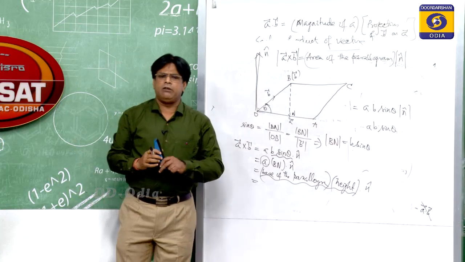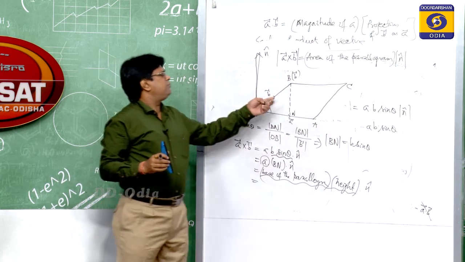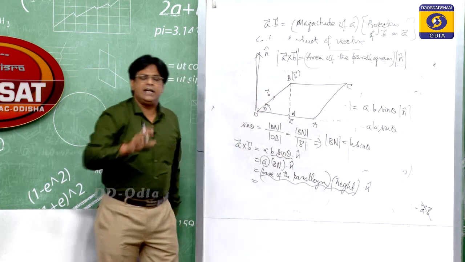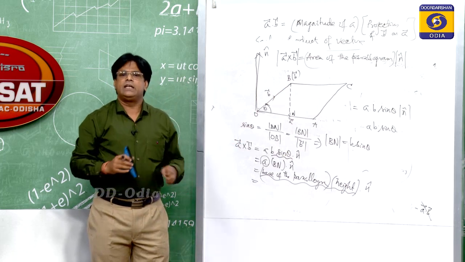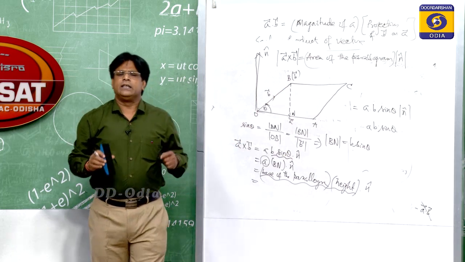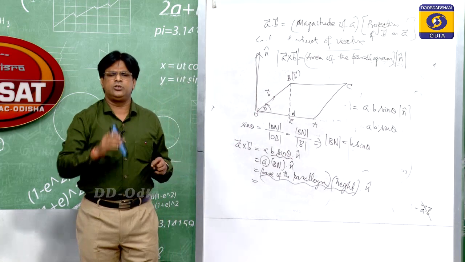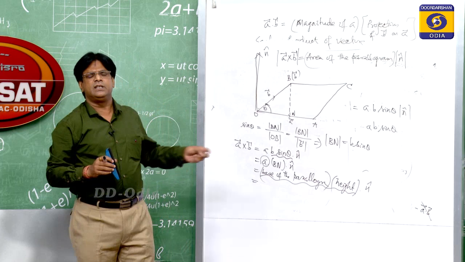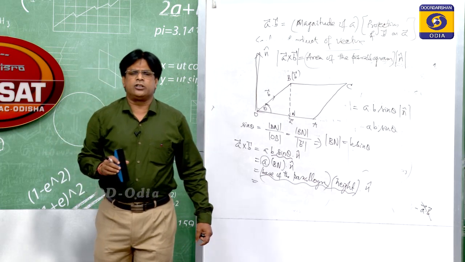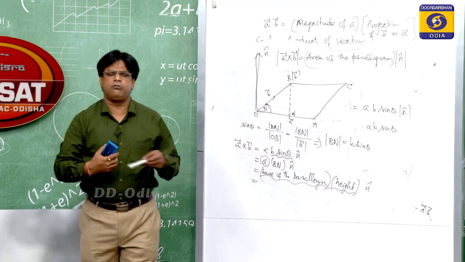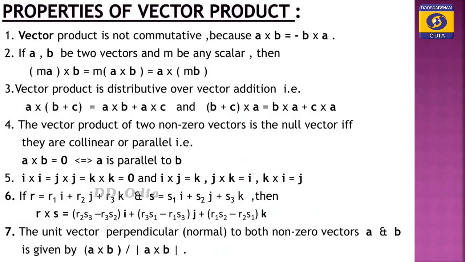So, the formula derived from this figure is that for a parallelogram whose adjacent sides are given as A and B, we can find the area as the magnitude of the cross product A cross B. So, the area of the parallelogram OACB is equal to the magnitude of A cross B. Similarly, the vector A cross B is perpendicular to both A and B, as already stated.